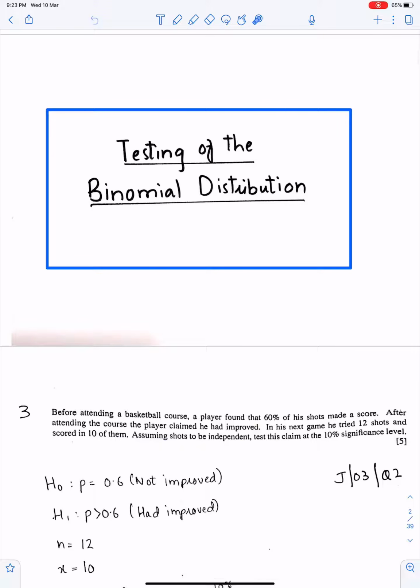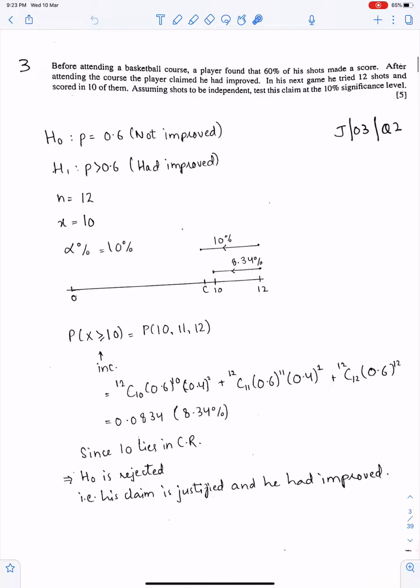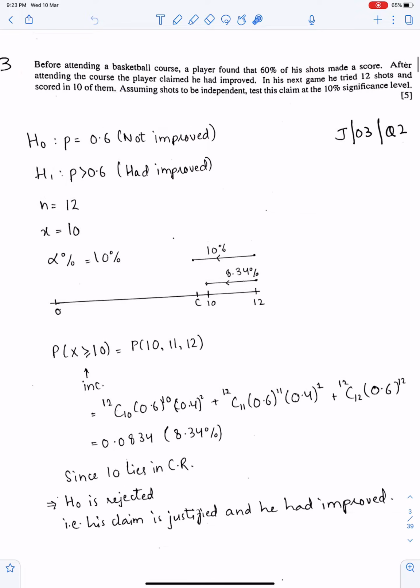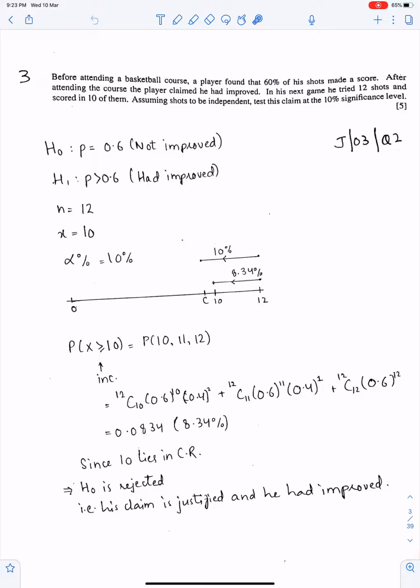Testing of the binomial distribution. Before attending a basketball course, a player found that 60% of his shots made a score. This 60% means P, the P of binomial, and this is H naught. After attending the course, the player claimed, now this is very important, he claimed that he had improved.